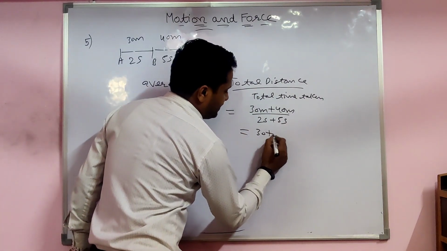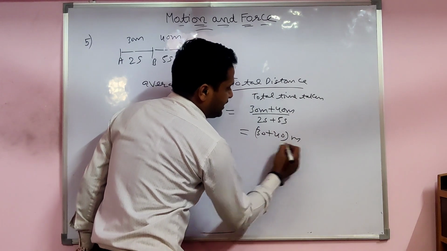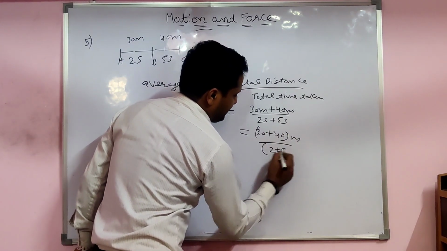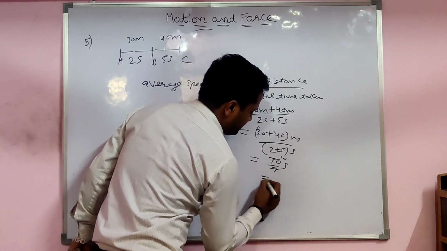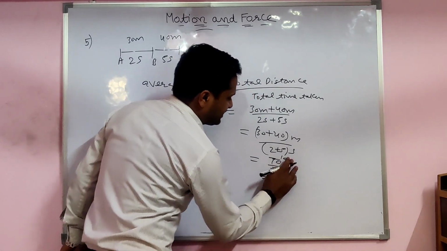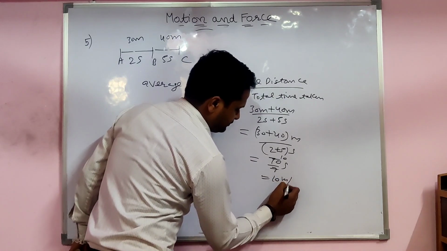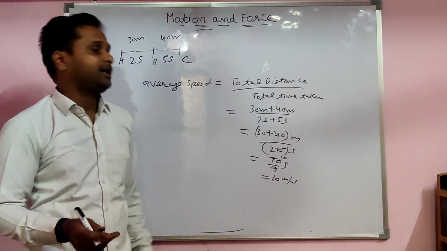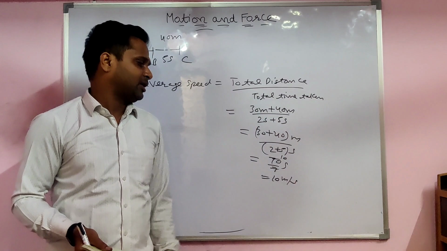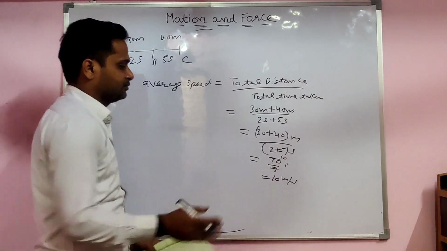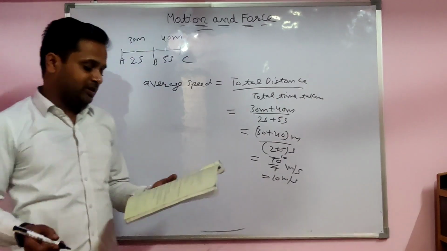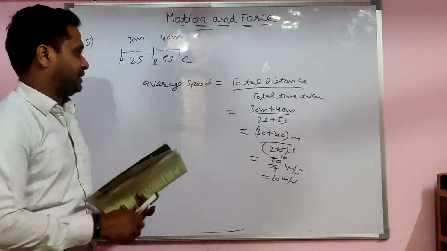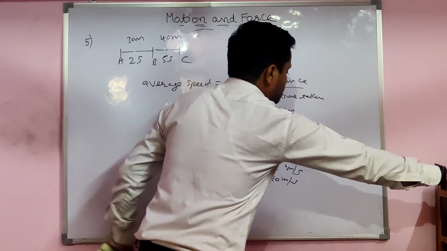So 30 plus 40 is 70 meter, 2 plus 5 is 7 seconds, 70 upon 7, 10 meter per second. Speed is always in meter per second. This one meter, this one second, meter per second. Very easy numerical, student. Now come to the sixth numerical.